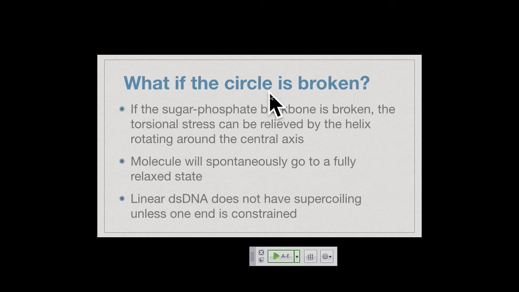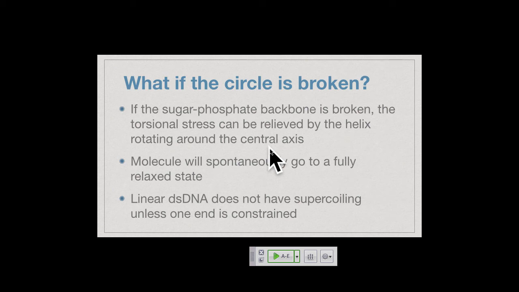Now, another important point: we have this circular molecule, and let's say it's the one we just talked about, the one in the question, and it's got these negative supercoils. That also assumes that every single covalent bond on both strands is in place. But we can nick the molecule.